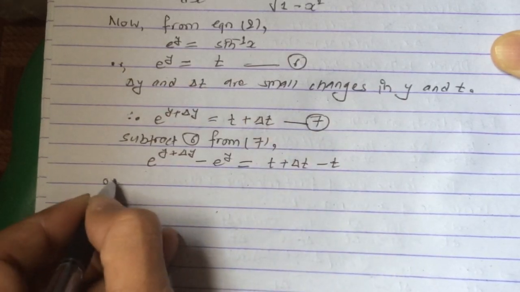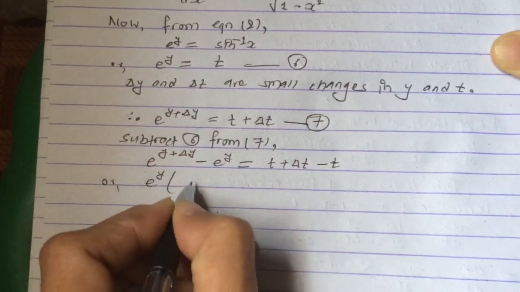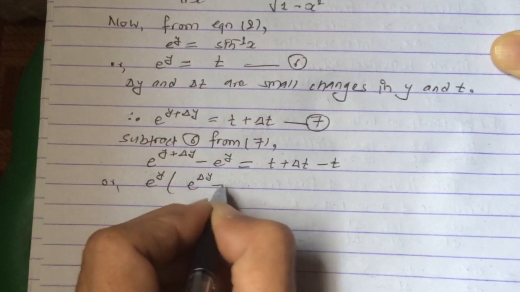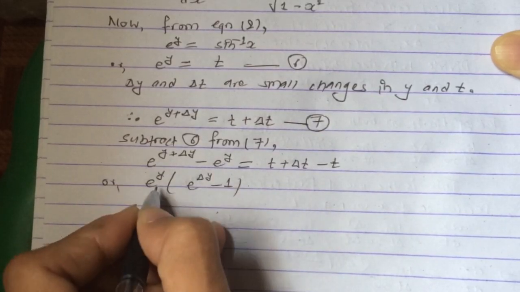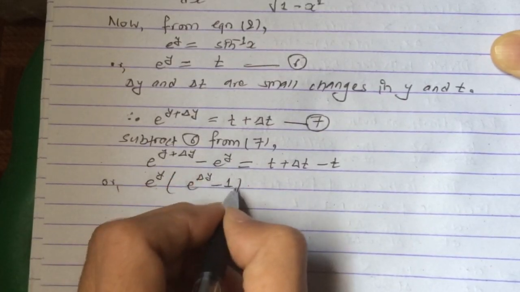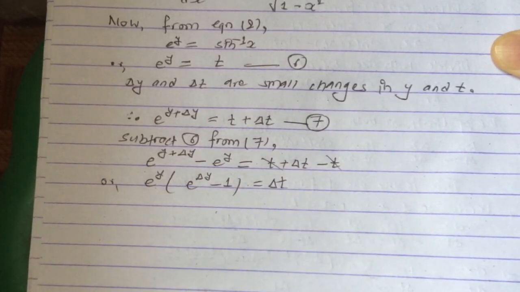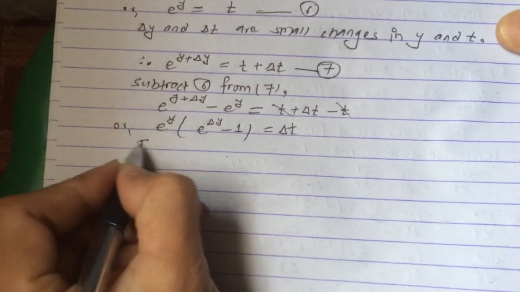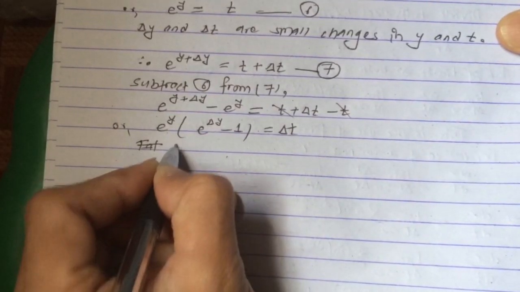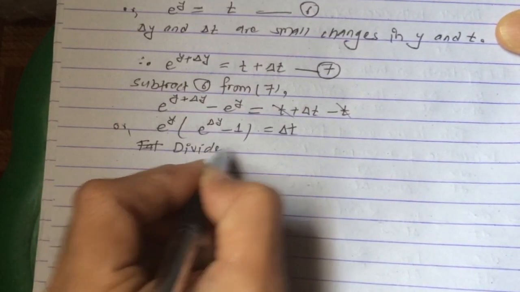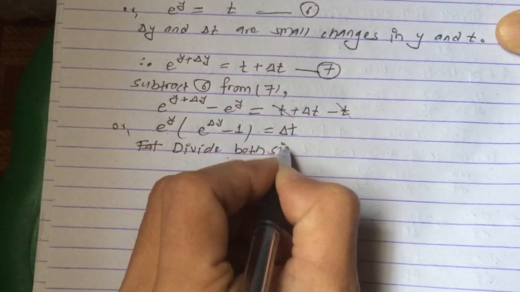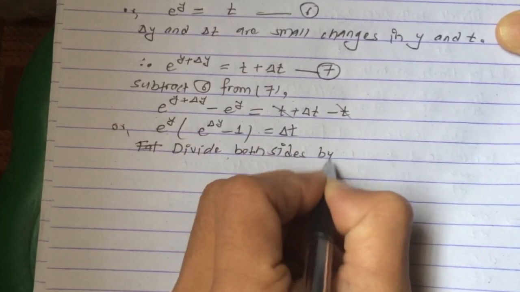And after subtracting equation 6 from 7, we have exponential y plus del y minus exponential y is equal to t plus del t minus t, and t cancels out, so we are left with exponential y times exponential del y minus 1 is equal to del t.